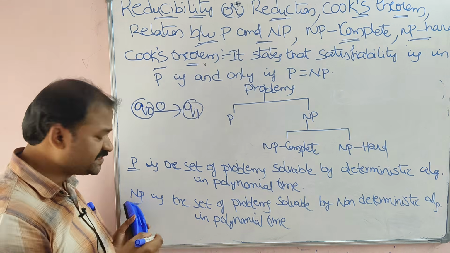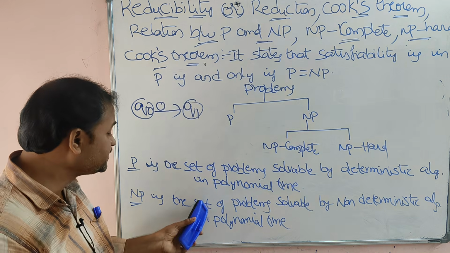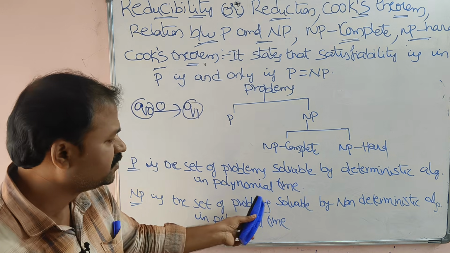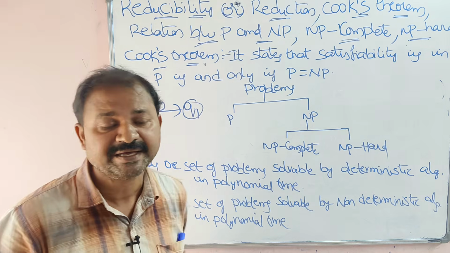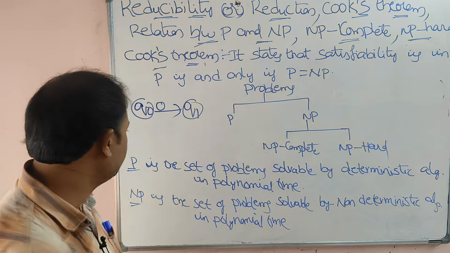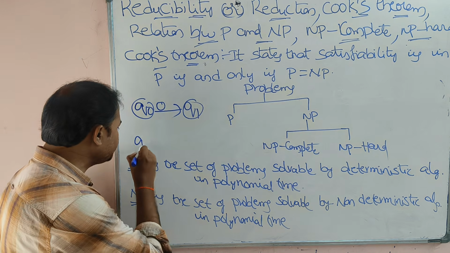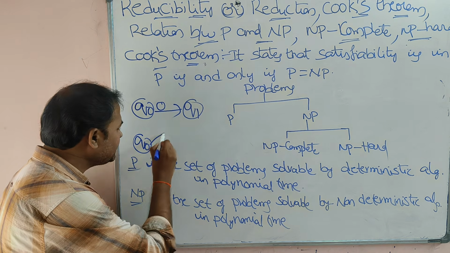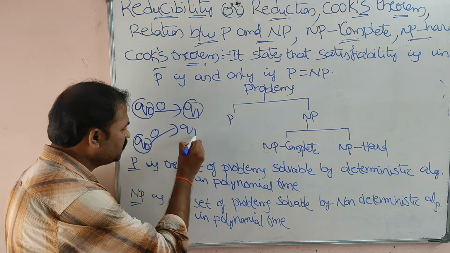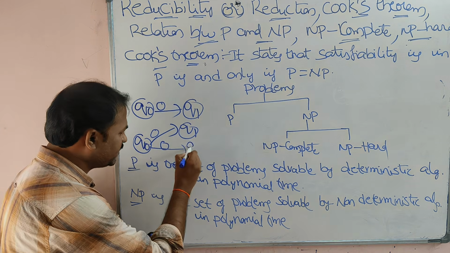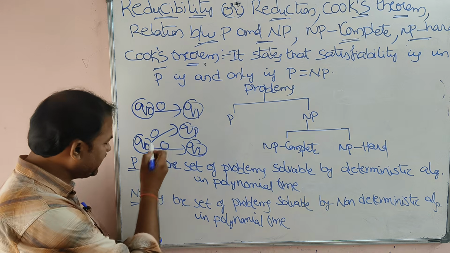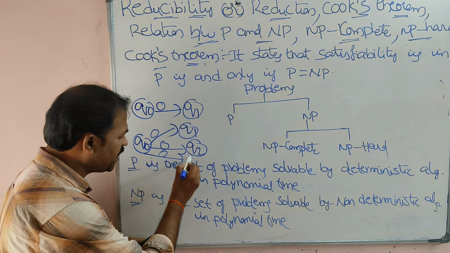Whereas, let's see what is NP. NP means the set of problems solvable by a non-deterministic algorithm in polynomial time. Non-deterministic algorithm means on applying an input on a state, we may get multiple states. Here on applying 0 on Q naught, we may get either Q naught or Q1 or Q2.